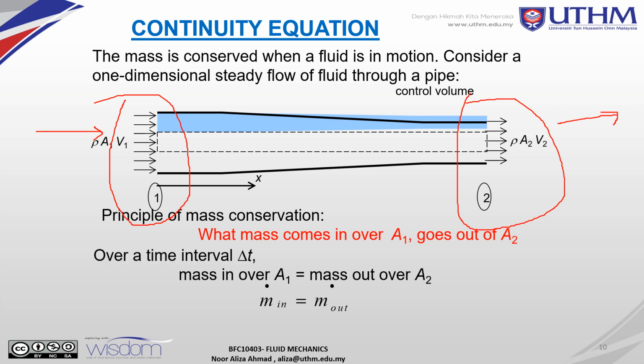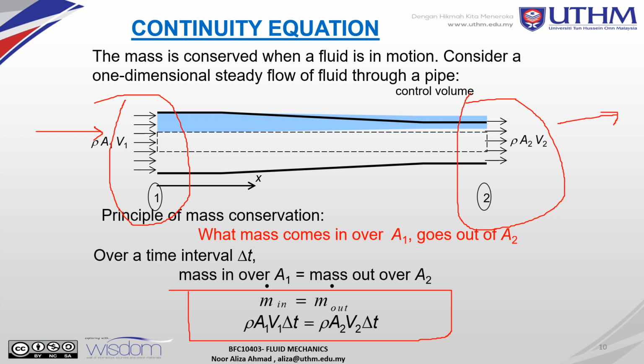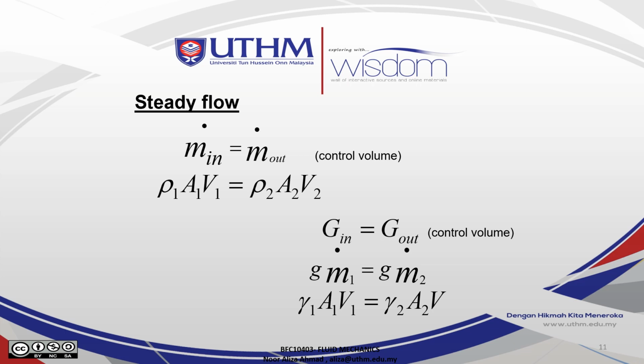So this is called the continuity equation: A1 times V1 is equal to A2 times V2. We are using the continuity equation for steady flow, with the mass flow rate.